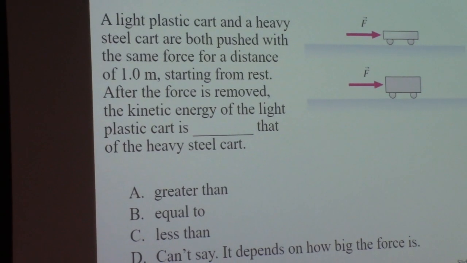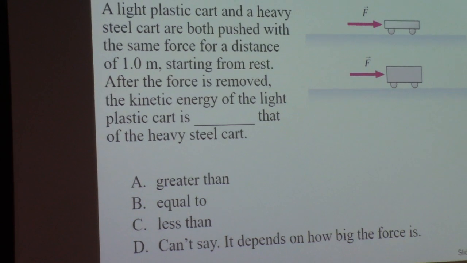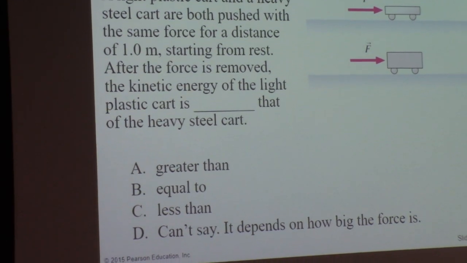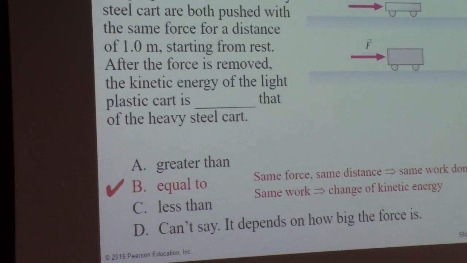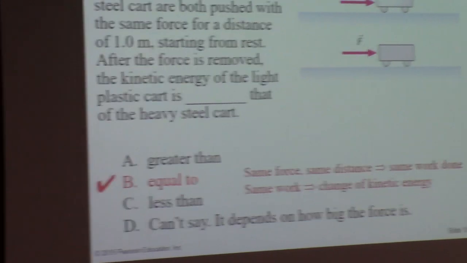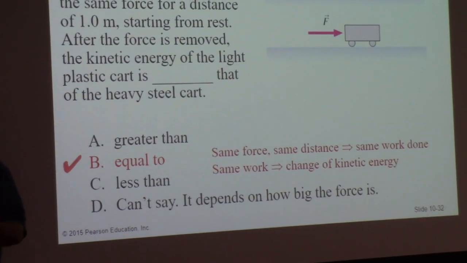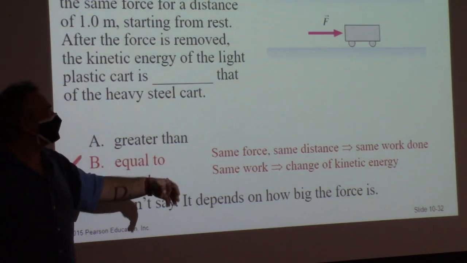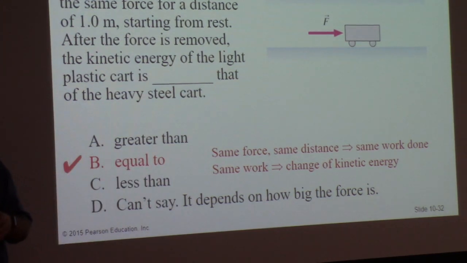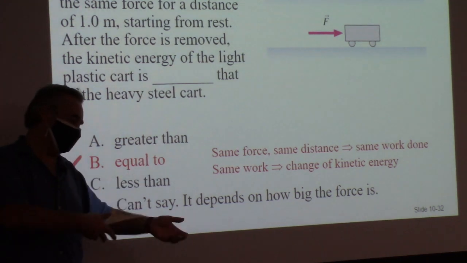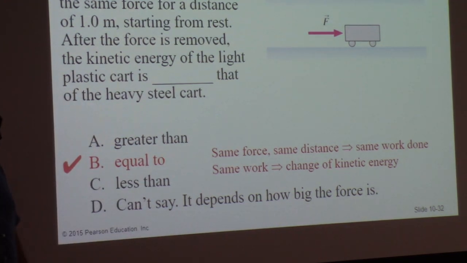All right, excellent. Ooh, okay, good. Kind of a variety of answers. It's equal, the kinetic energy is equal. Now the light cart is moving faster, but its mass is also less. Those effects balance out. Remember, force times distance gives you the change in kinetic energy. They both started with no kinetic energy, so they have to have the same final kinetic energy.